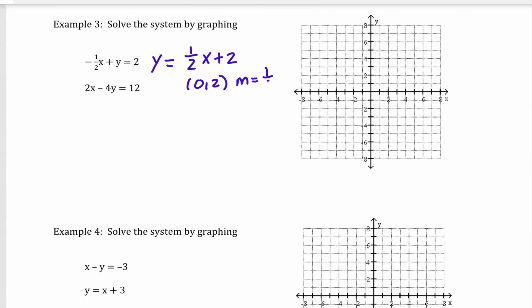And the slope is 1/2. So go over to 0, up 2, and put a dot. And then graph the slope by going up 1, right 2. I can also go down 1, left 2.